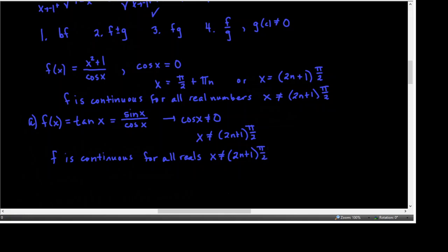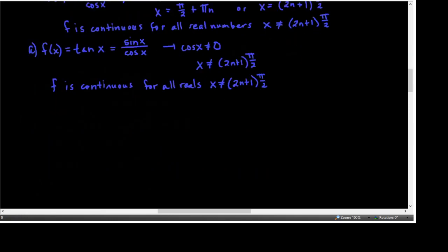Okay, which implies f is continuous everywhere except those places. Now let's look at example B. By the way, you could look at a graph of tangent x on your calculator and see that those vertical asymptotes are places where the tangent graph is not continuous, and that totally makes sense.